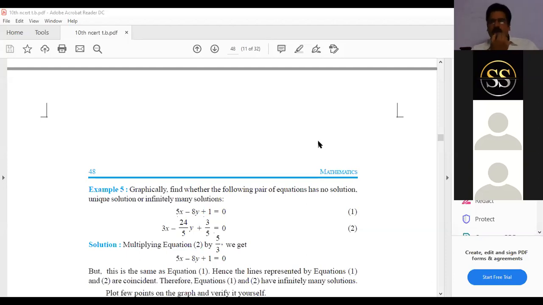Good. Next, they have a unique solution. A1 by A2 is equal to B1 by B2 is equal to C1 by C2: coincident lines. Yes. Next, A1 by A2 is equal to B1 by B2 is not equal to C1 by C2: parallel lines.